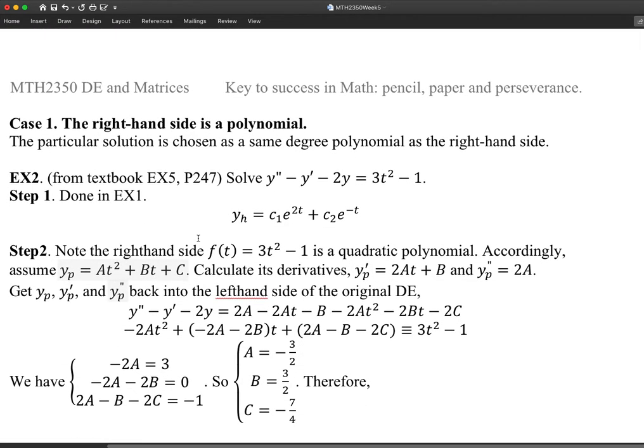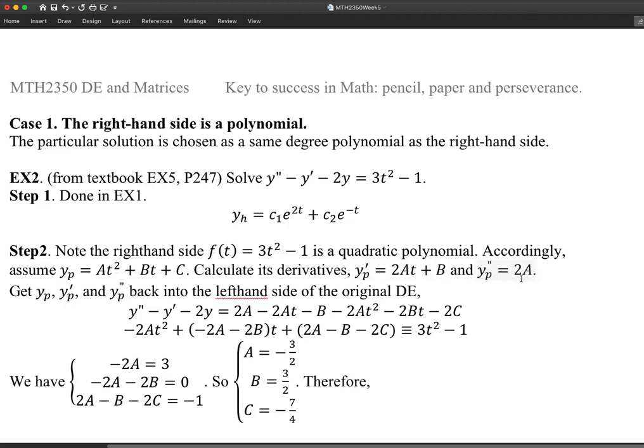So the way to find out those undetermined coefficients, okay, make sure you assume the particular solution in the form correctly. And then you calculate the derivative from there. It's a quadratic polynomial, so yp prime is 2at plus b. And yp double prime is 2a, right?